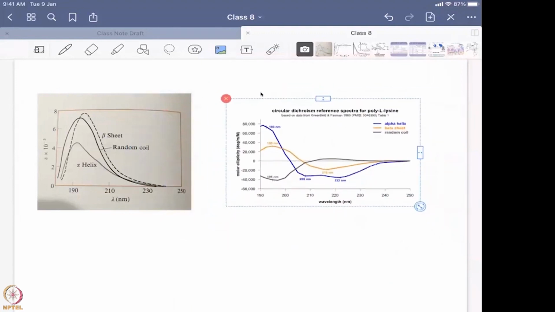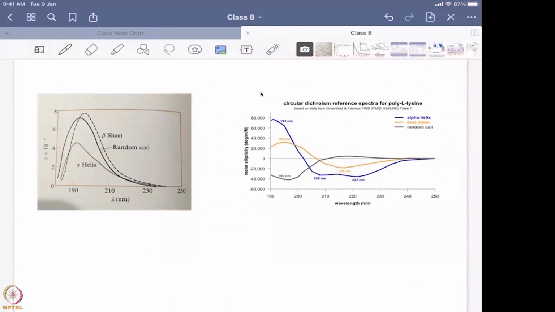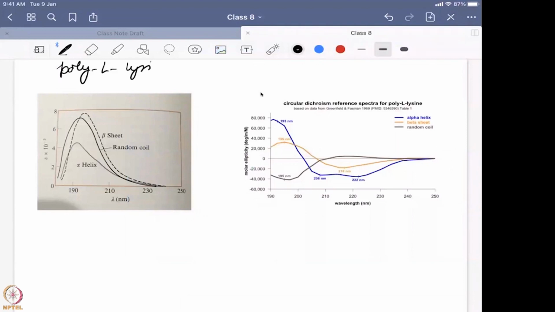The data that I showed you earlier is from the same polylysine at these different conditions. If you have polylysine and vary the pH and the temperature, what are you going to get?